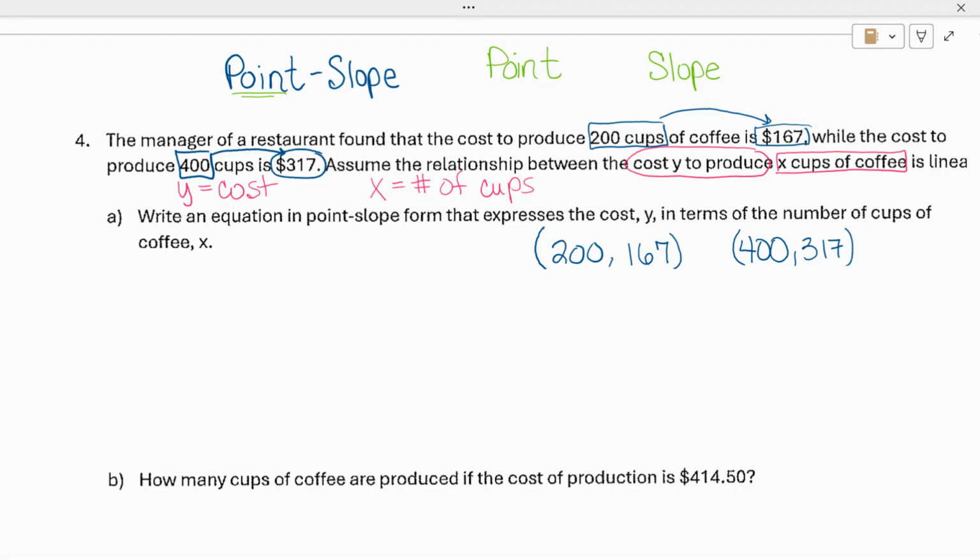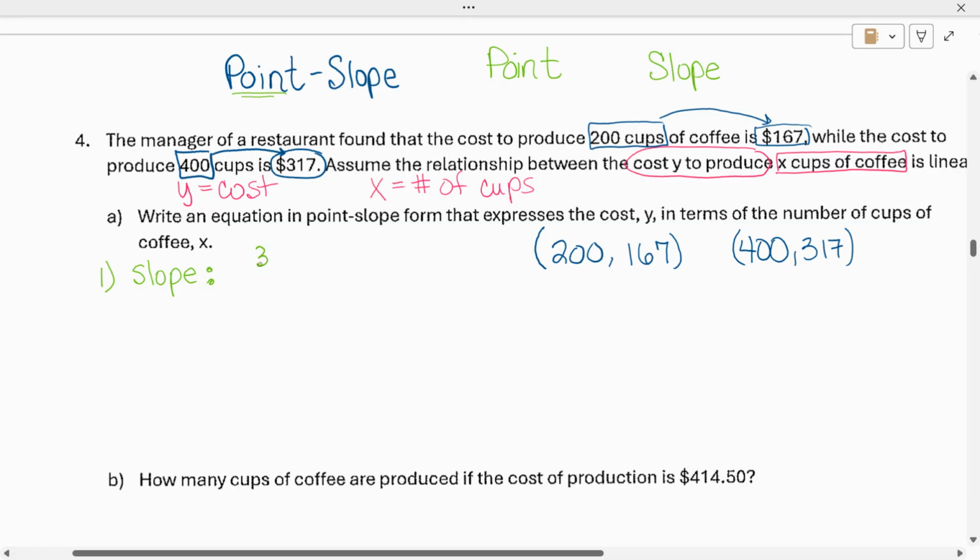Okay? So we have to write an equation in point slope form, but we're only given two ordered pairs. What do we have to do first? Look at question number 9 from your homework if you don't know. Yeah, we have to find slope. First, we need to find slope. Okay.